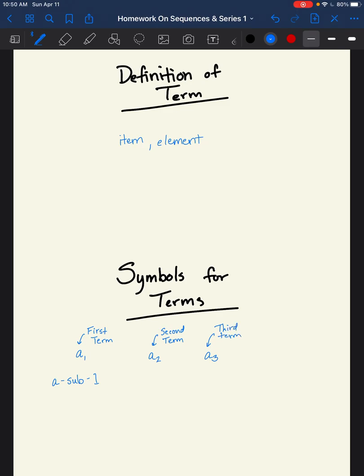I'm going to do one more, which is A sub n, which is also called the general term, or the nth term. Now, in this case, what A sub n is representing is any member of the sequence. So it could be the first term, the second term, or the third term. Usually when we use this symbol, we're trying to describe the pattern in some way. And I'm going to talk about that next.